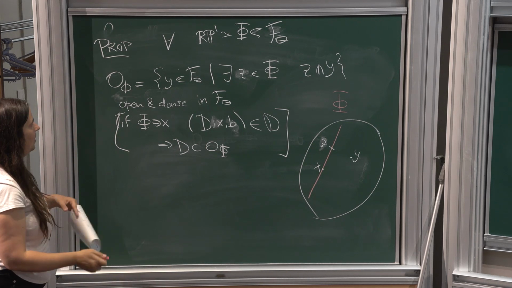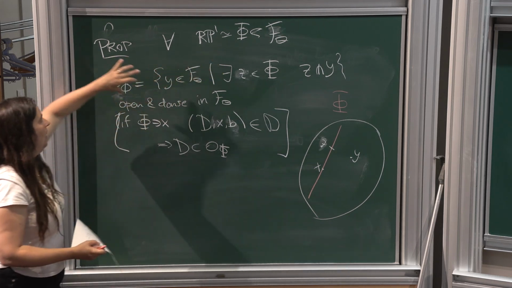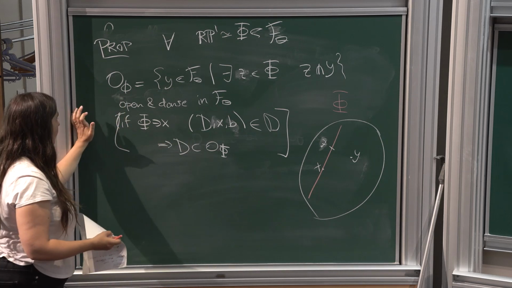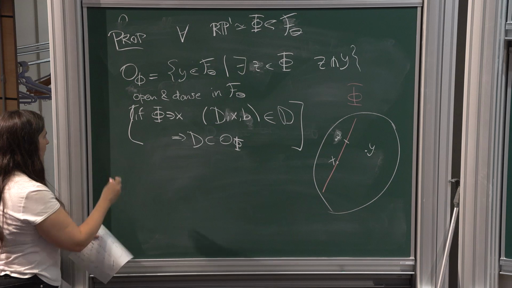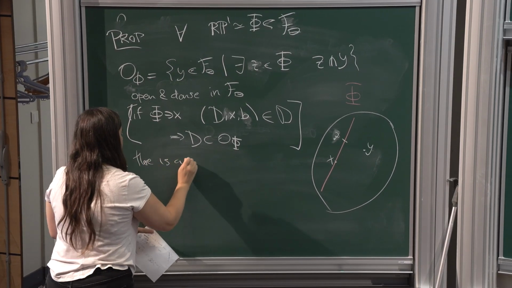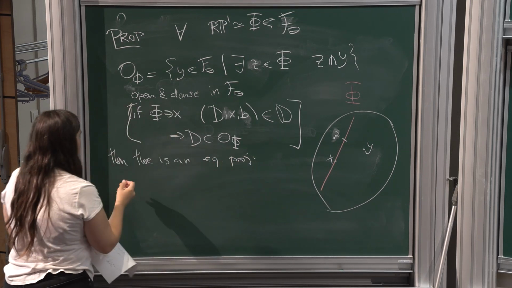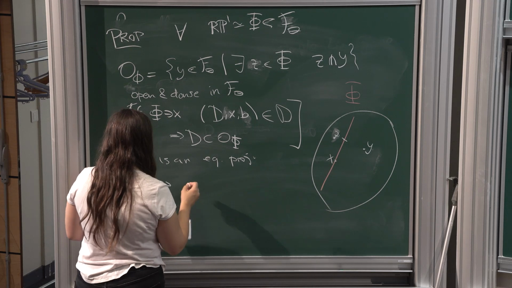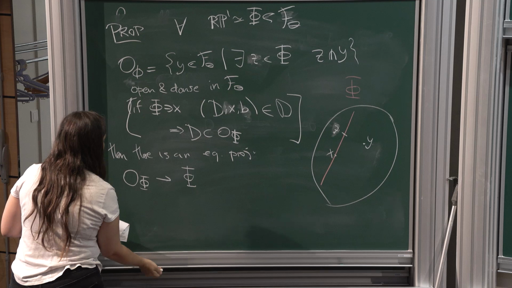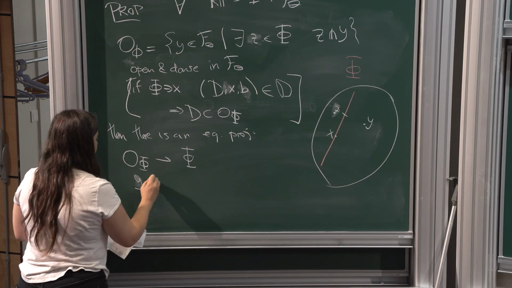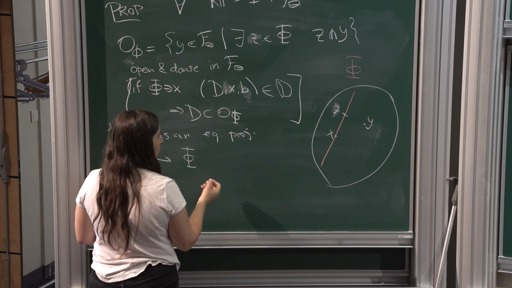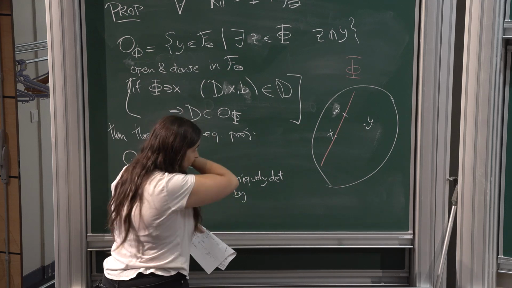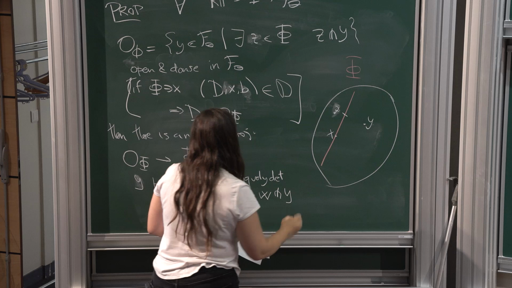So I haven't finished the proposition. The proposition is that for any photon phi, defining O phi in this way, the set of points in the flag manifold such that there exists one point transverse to them in the photon, there is an equivariant projection from O phi to phi, given by: I take a point y in O phi, and I associate to it the w, which is uniquely determined by w not transverse to y.